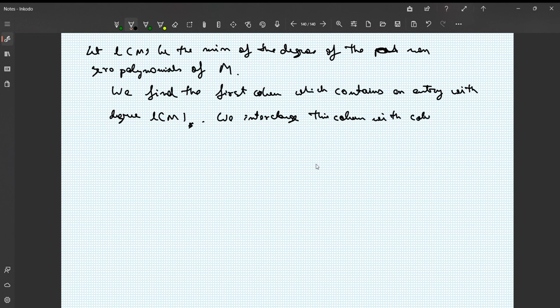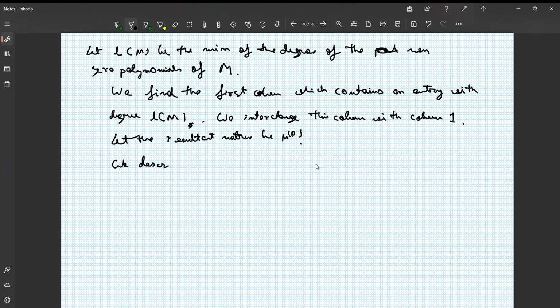Then what we do? We interchange this column with column 1. Let the resultant matrix be M0.